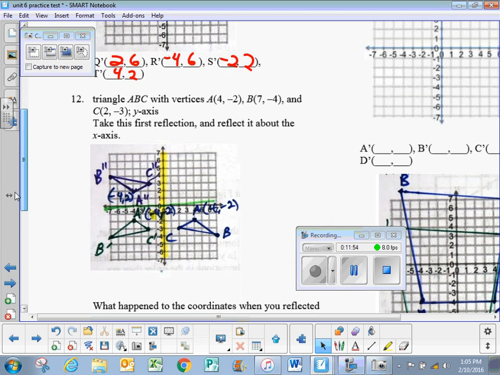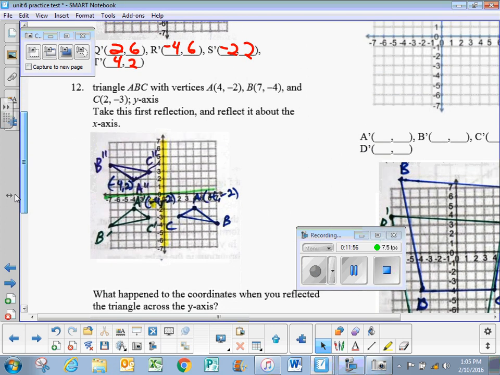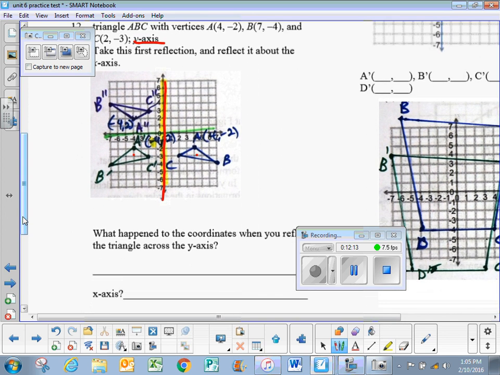Number 12 asks you to, all right, so this one, let's follow directions, shall we? First, we were supposed to reflect ABC over the y-axis. That's this one right here. So here's ABC, and we reflect it over the y-axis, and it goes there. When we did that, what happened to the coordinates?